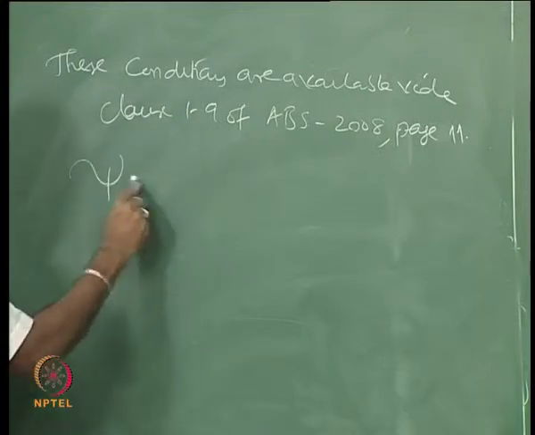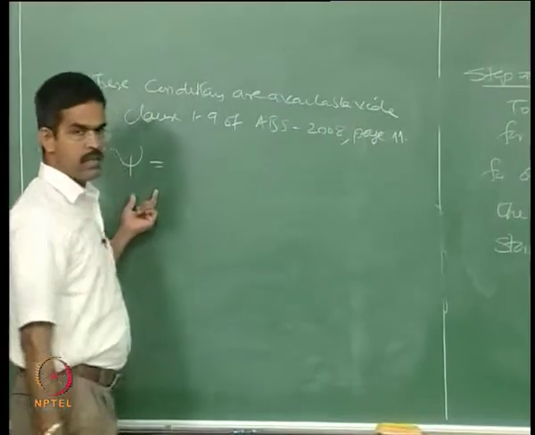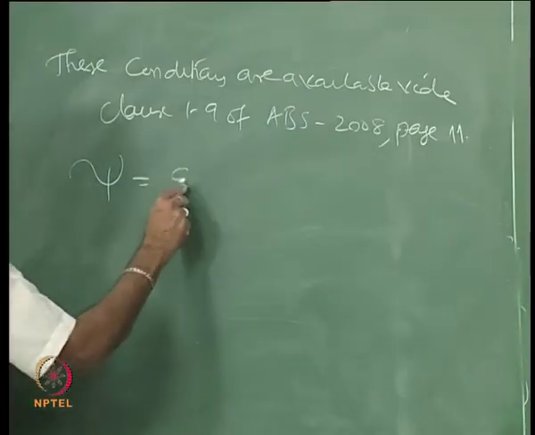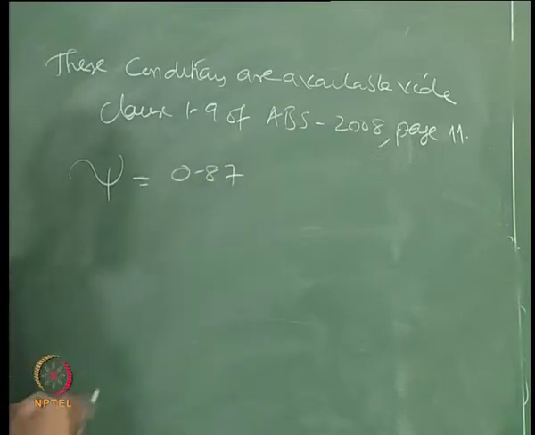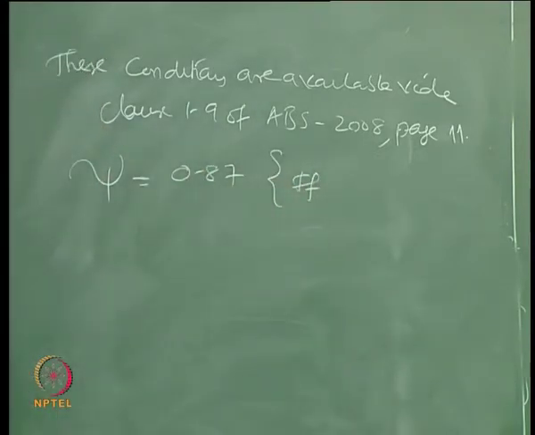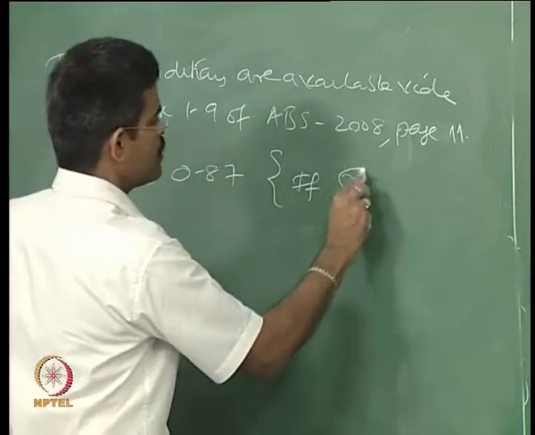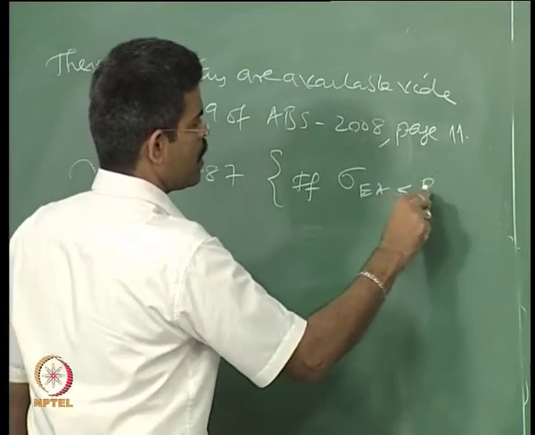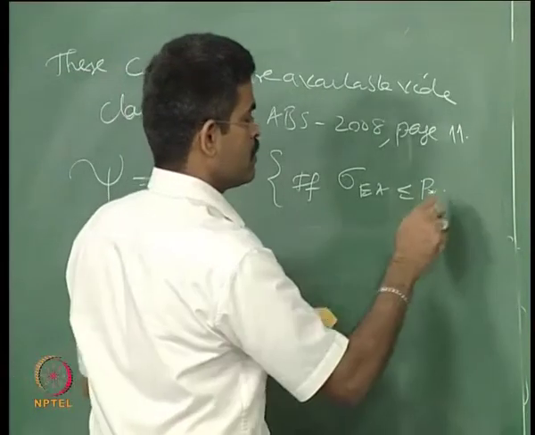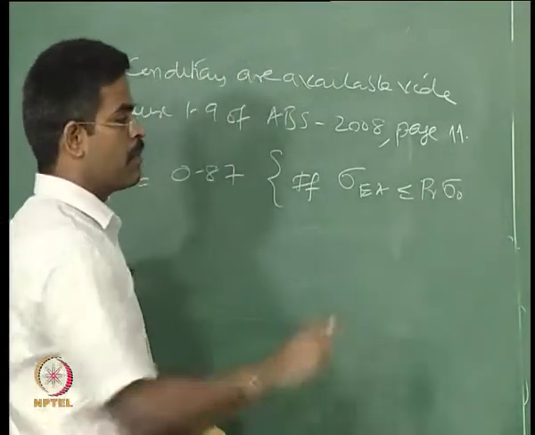So psi, which is the adjustment factor, is given by simply 0.87 if sigma EA is less than or equal to PR sigma naught.